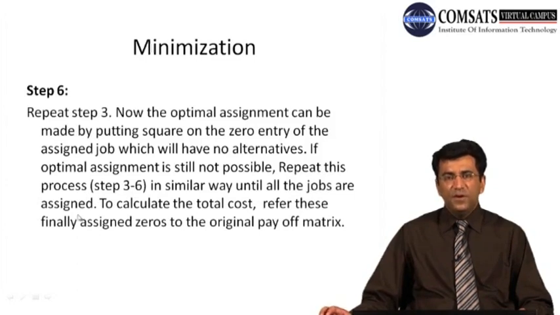Now when we are able to assign the different jobs, we will calculate the total cost, if we are interested in minimization, by referring these finally assigned zeros to the original payoff matrix.